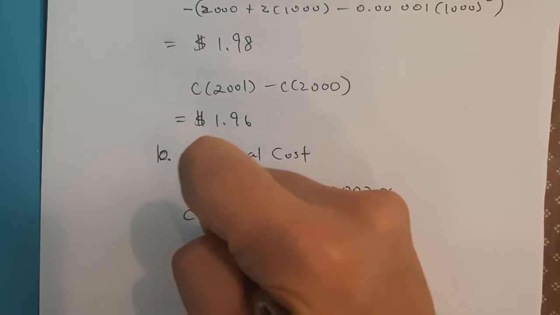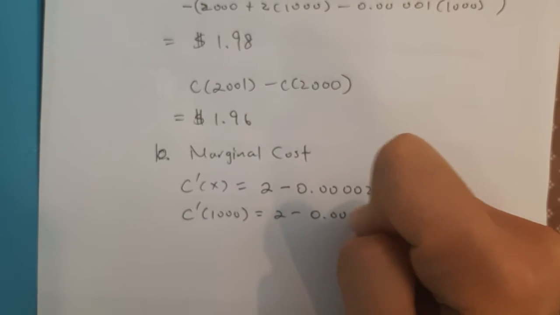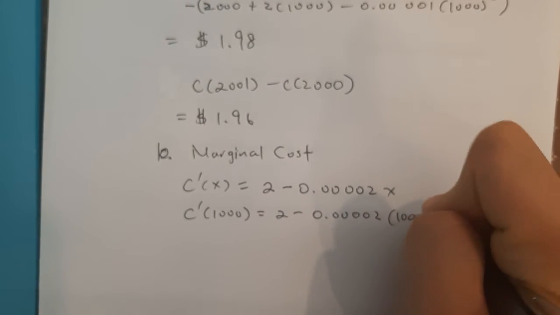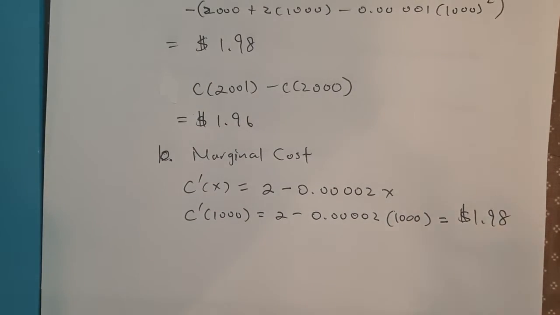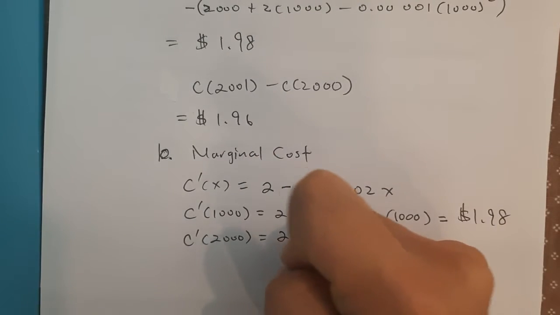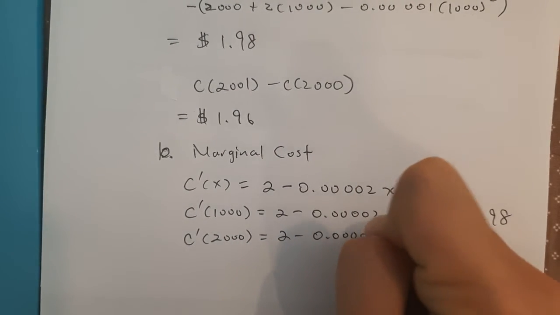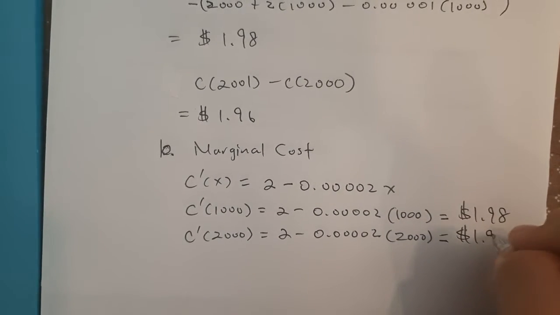So if we plug in 1,000, we end up with 1.98. And then if we plug in 2,000, 2 minus 0.00002 times 2,000, then we end up with 1.96.